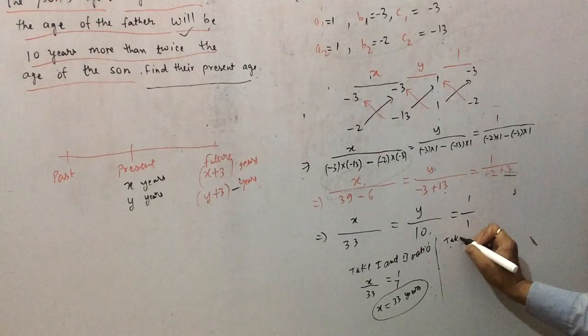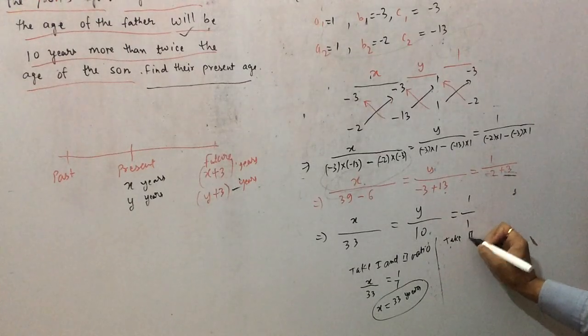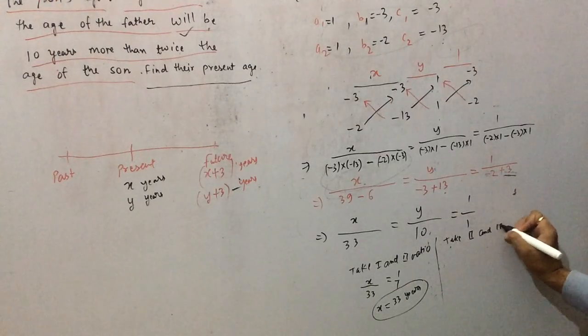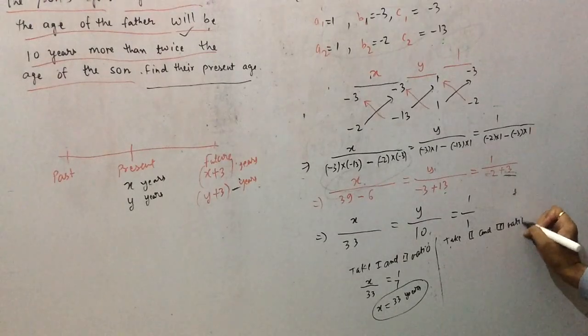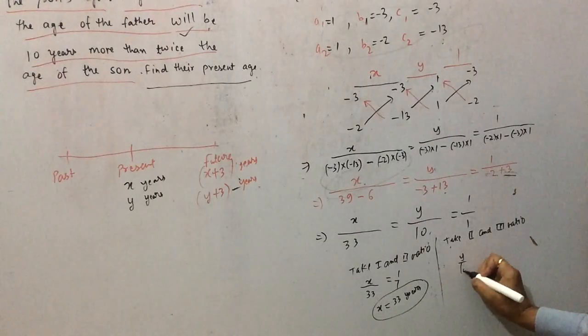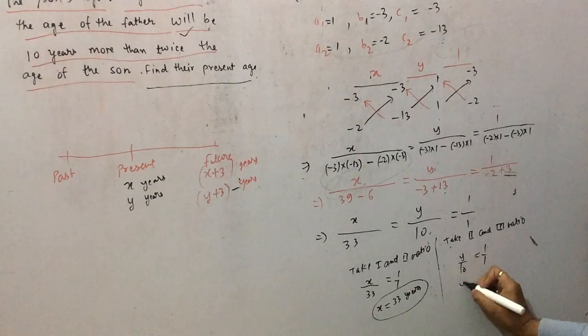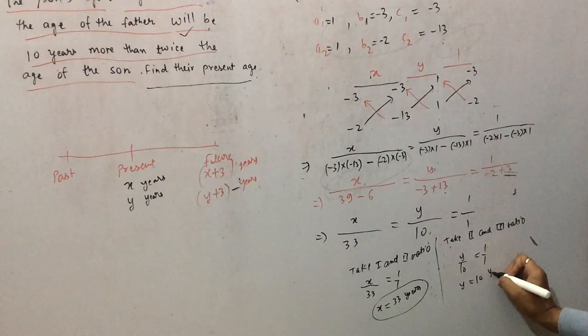Take the second and third ratio and solve it. So y upon 10 equal to 1 upon 1, and you get y equal to 10 years.